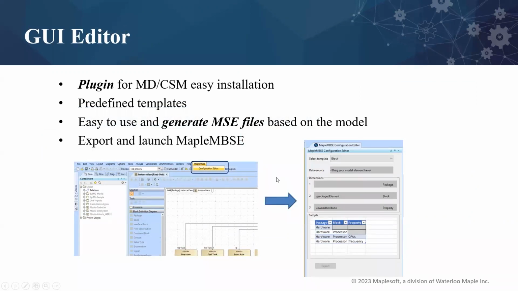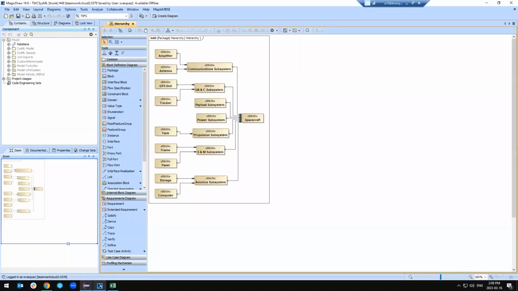And for the GUI editor part, Sergio will give us an explanation and also a live demo on how the plugin will be used. For this live demo, I'm going to be assuming two major things. The first one is that you already open your model inside MagicDraw or Cameo systems.